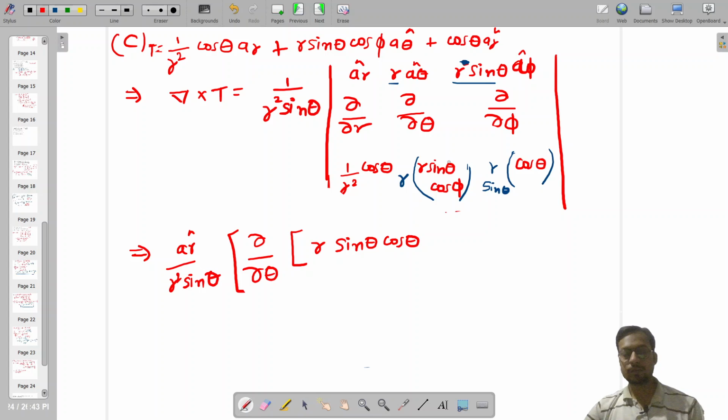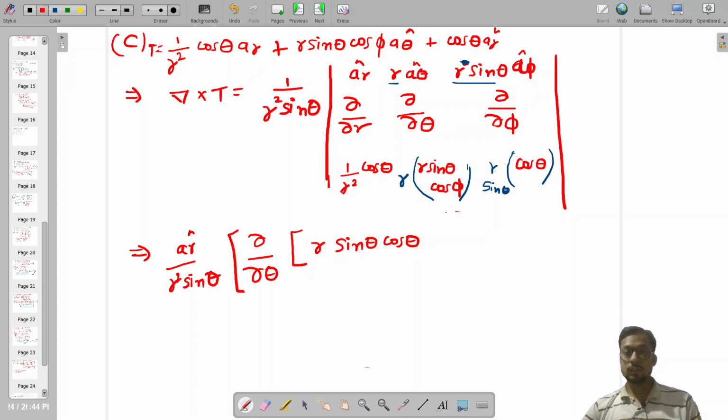This term's scaling factor must be there, and this integration is very big. So we have to pay attention on each and every term, whether we have written the scaling factor or not, whether we have correctly multiplied the scaling factor with the unit vector, and with the different terms of the given vectors.